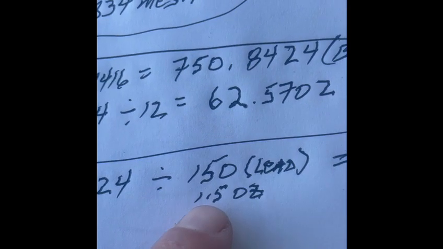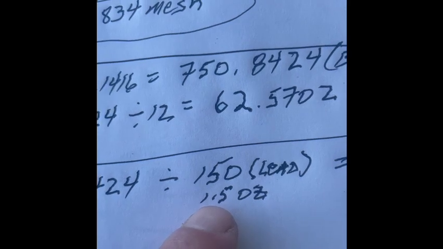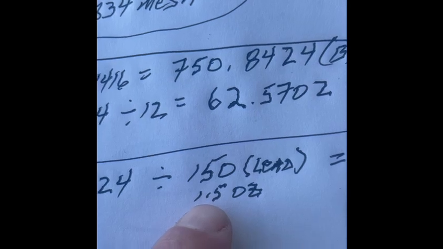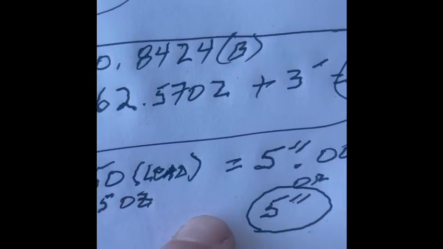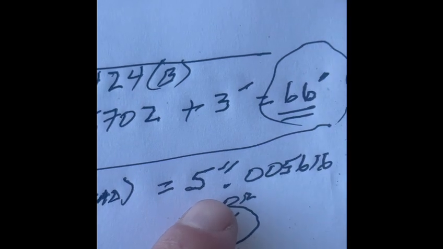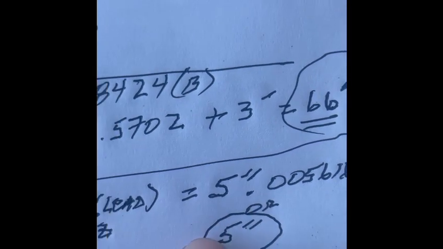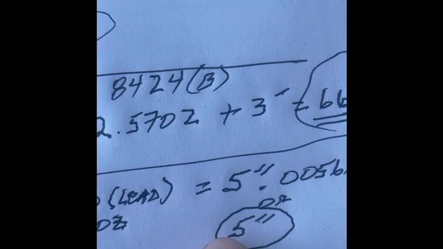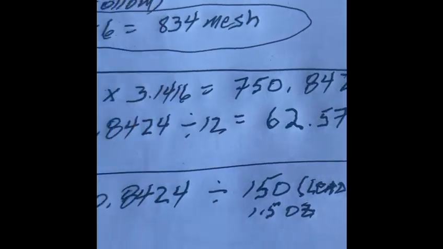It's going to be 15 pounds because there's 10 1.5 ounces in a pound. And so that'll give me the spacing of approximately 5.005616. I'm just going to round it down to 5 inches. So the spacing between the leads is going to be 5 inches.